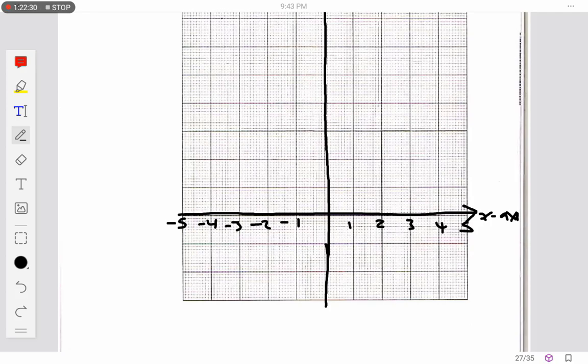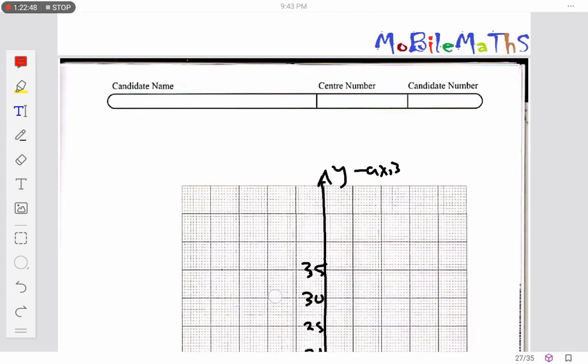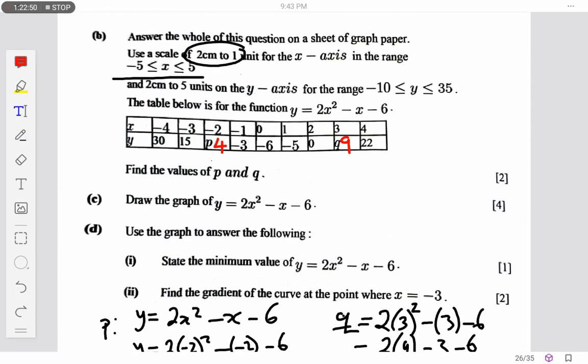Then for the y-axis it's 5, so it's -5, -10 here, 5, 10, and we go up to 15, 20, 25, 30, then 35, like that. Okay, we are ending at 35.